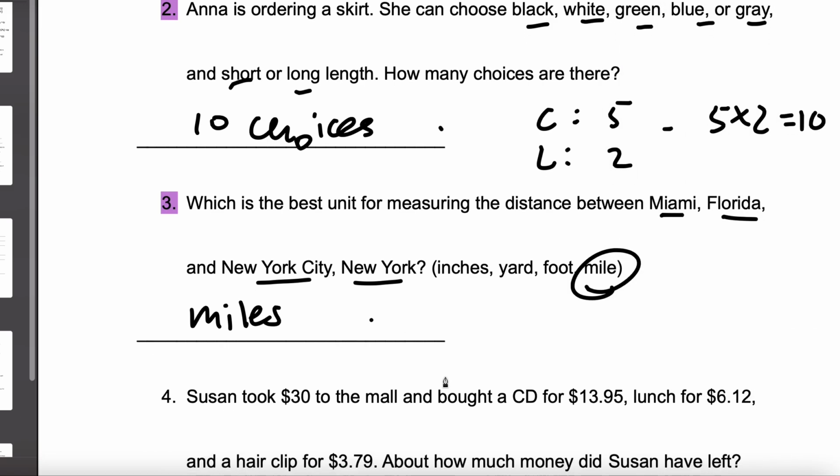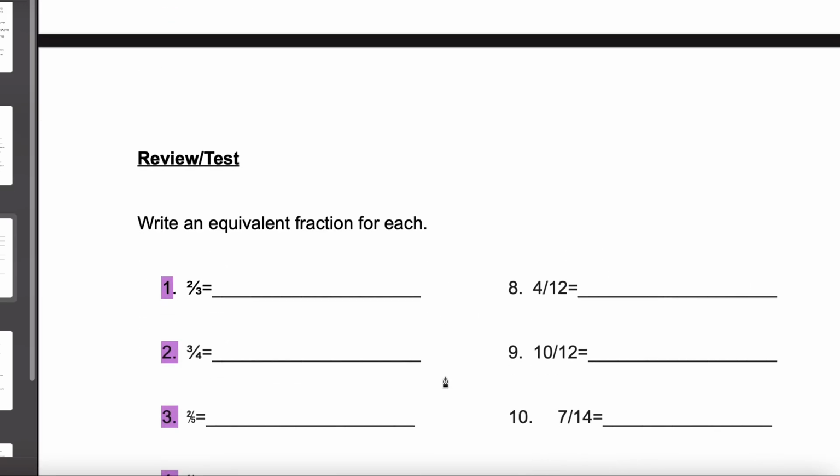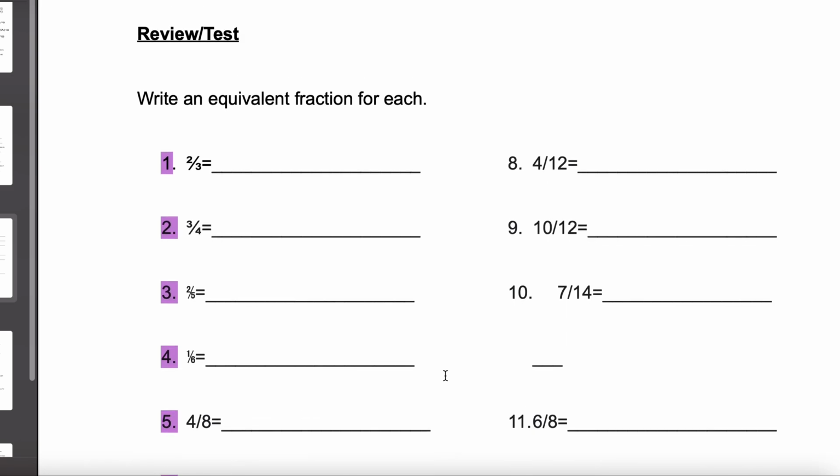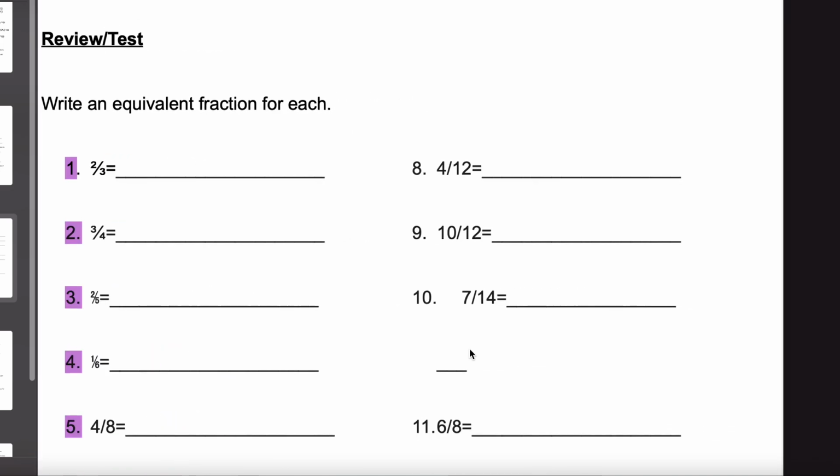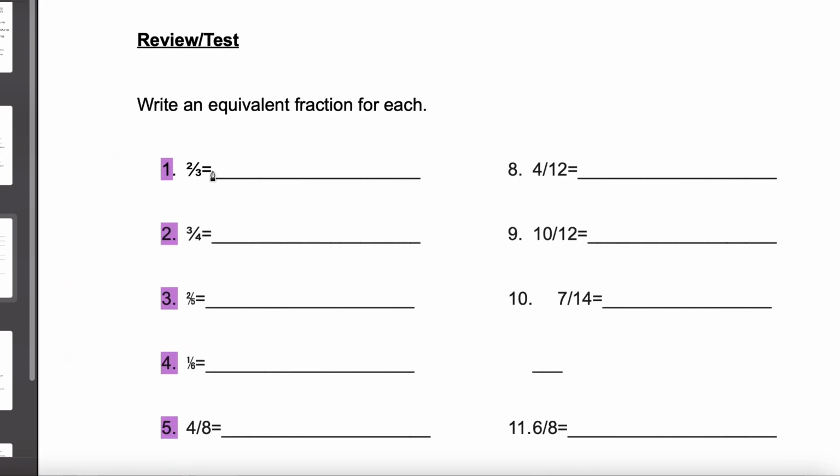Okay, let's look at number 1 on review test. So it says write an equivalent fraction for each. We're going to look at number 1, 2/3. So for equivalent fractions you can either simplify or you can multiply.